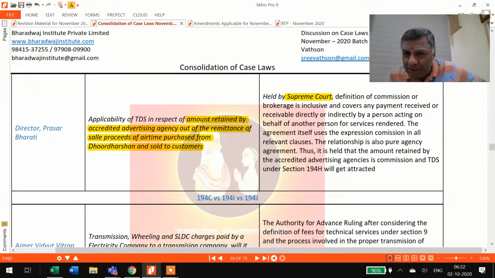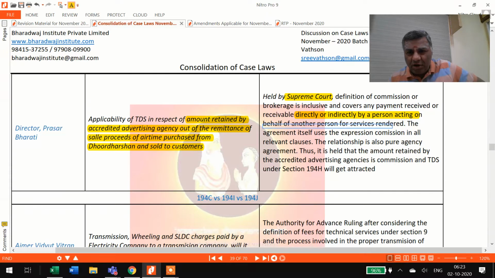Definition of commission or brokerage is inclusive and covers any payment received or receivable, directly or indirectly, by a person acting on behalf of another person for services rendered.